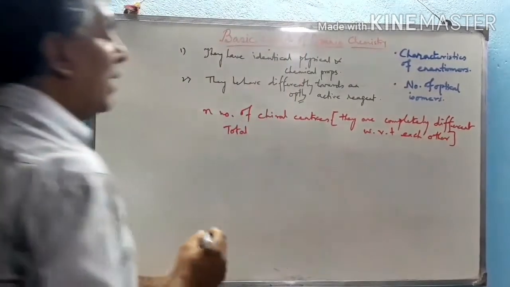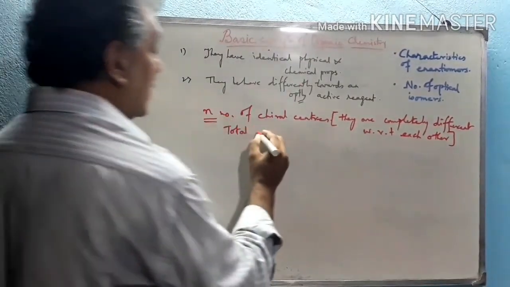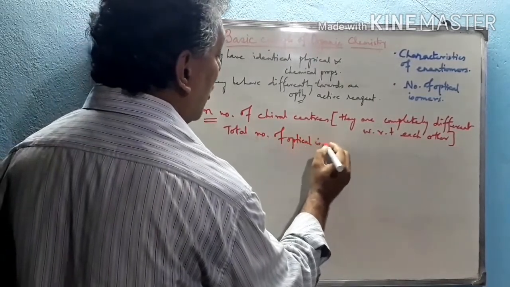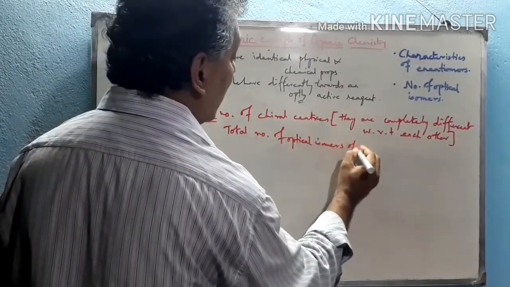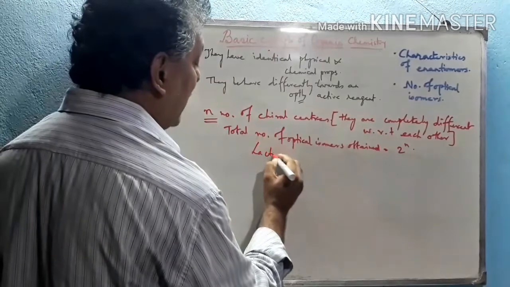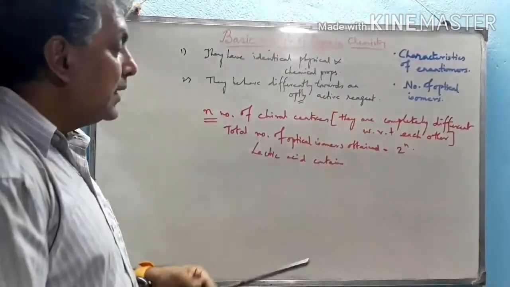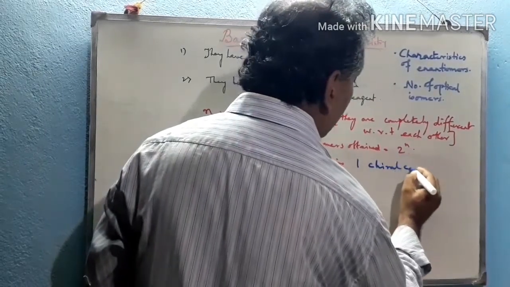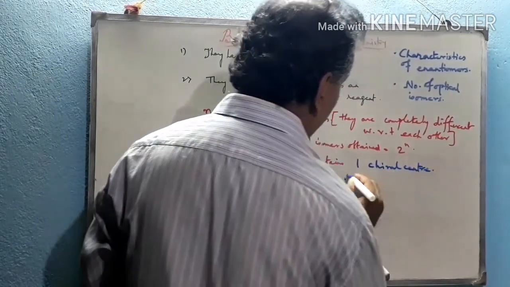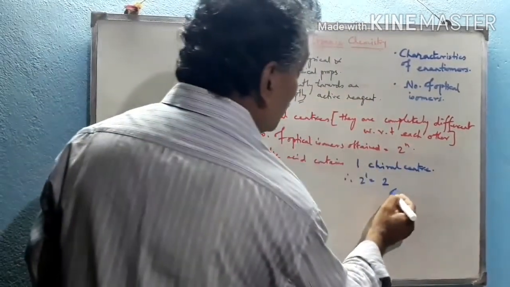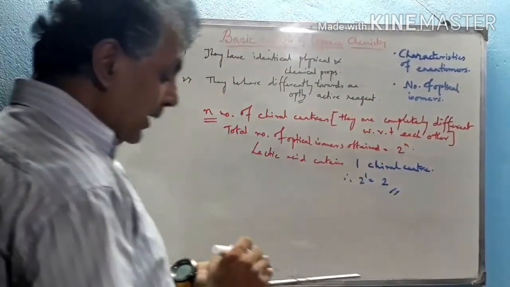So the total number of optical isomers obtained is equal to 2 to the power n. Since lactic acid contains only one chiral center, the total number of isomers will be 2 to the power 1. That means 2. One is dextro and the other is levo. So these are the total number of optical isomers obtained.